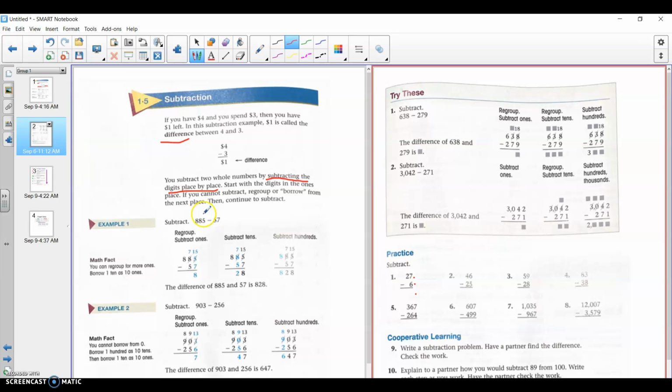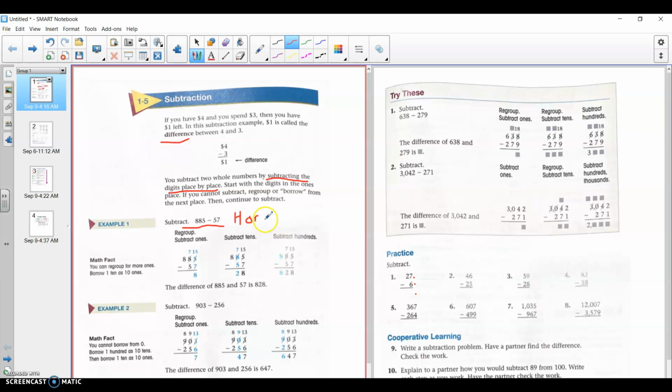So subtract 885 minus 57. One thing I forgot to mention in the addition problem, they have it written right here. This is what I would call horizontal. I'm not going to spell out the whole word just because I'm writing with a mouse. And you need to put it in vertical format, which means you're stacking on top of one another.